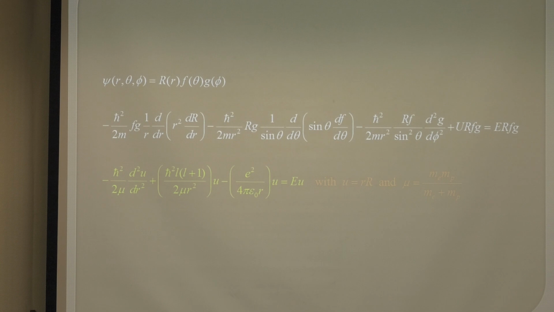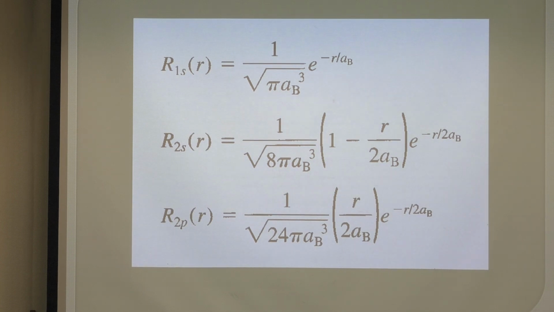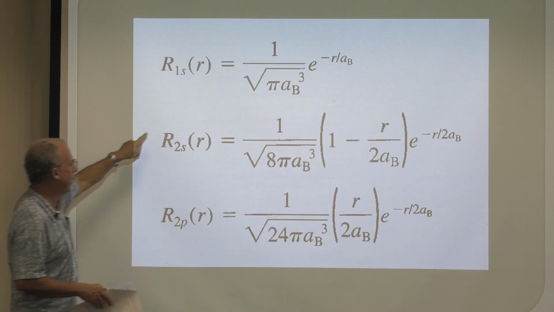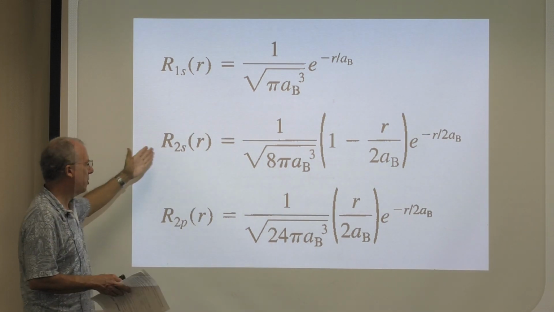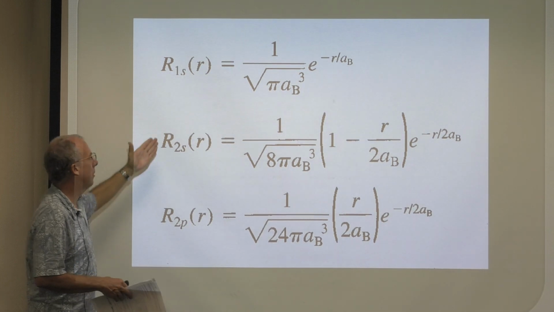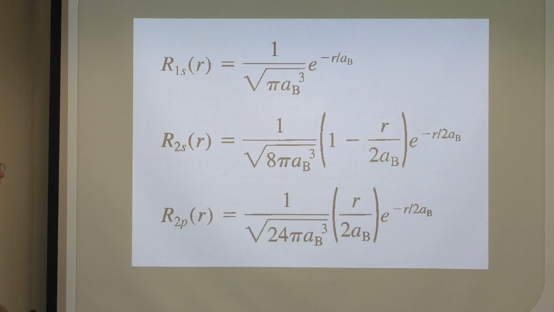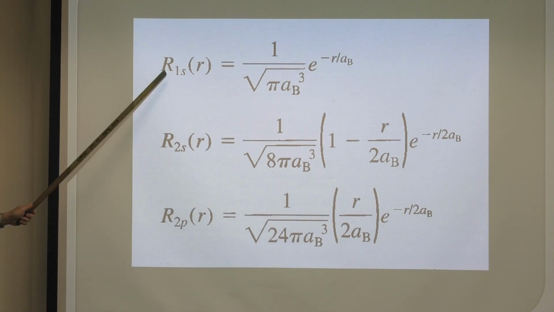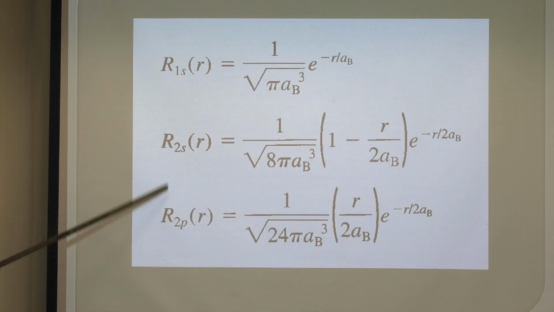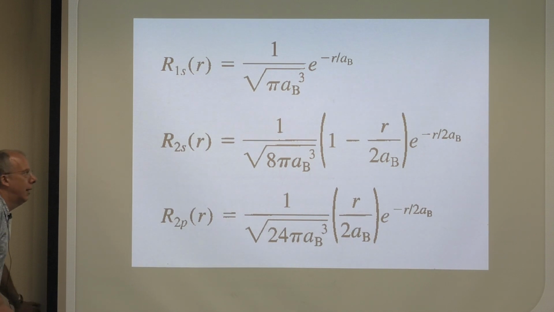And here are the wave functions. Now, they don't use psi because this is the radial wave function, so that's why they put uppercase R. So this is the radial wave function for the 1s state, 2s state, 2p state.